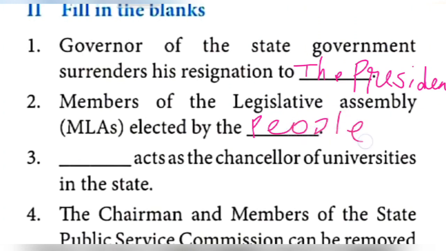People. Then third one, in the last class I taught you, governor. G-O-V-E-R-N-O-R. Governor.